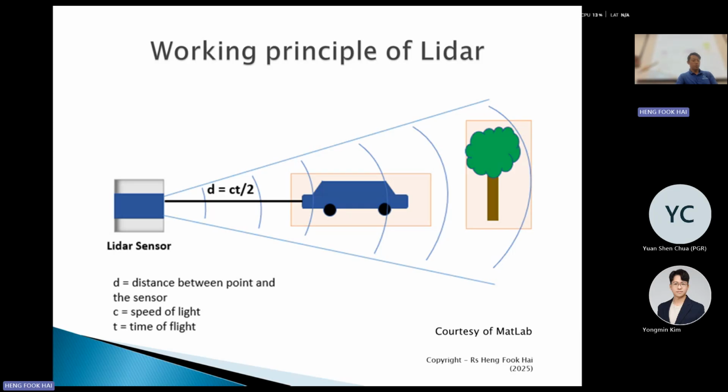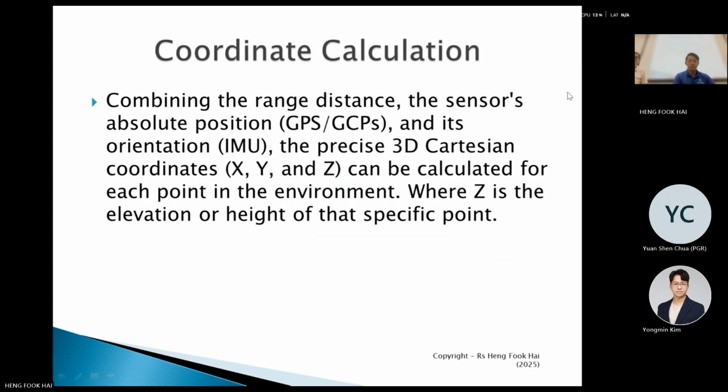With the distance and your LiDAR sensor having coordinates, meaning you have XYZ information keyed into the sensor, you're able to do a calculation to determine the position of this vehicle, right, in terms of XYZ.